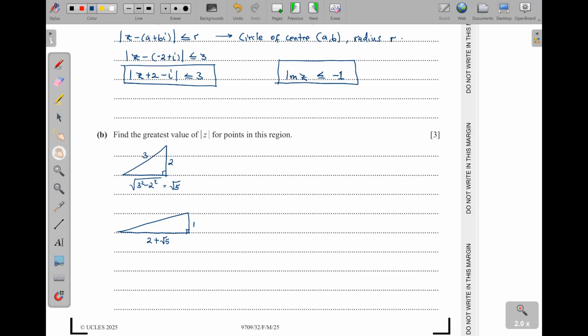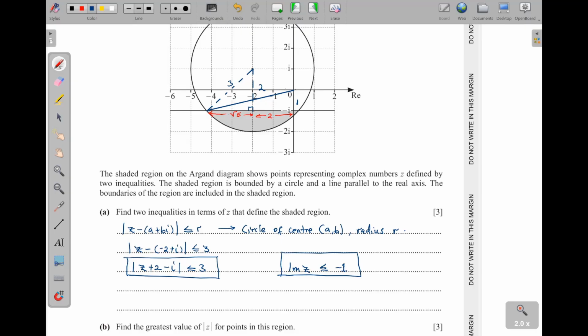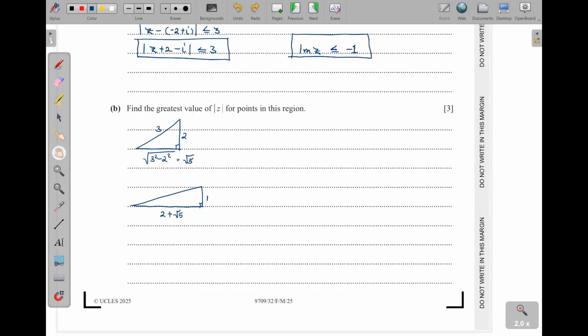Okay, so that means I can be in position to calculate the length of this one here, which I'm looking for. So meaning I will have my greatest value of modulus of z is going to be the square root of 1 squared, then plus 2 plus root of 5 squared.